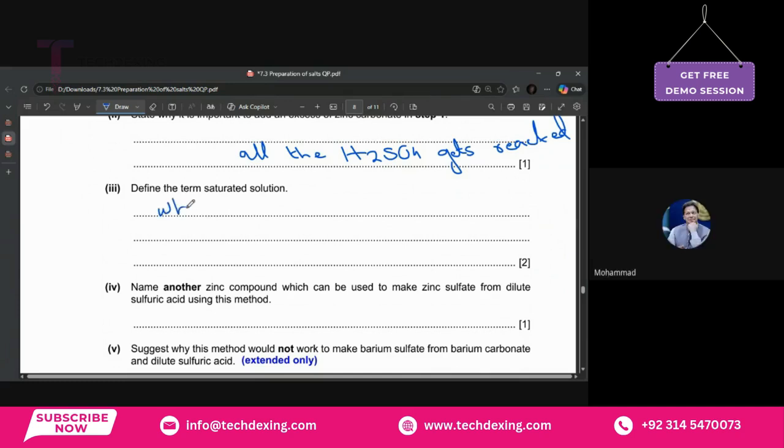Zinc compound can be zinc sulfate. Can we use zinc oxide? Just a minute.